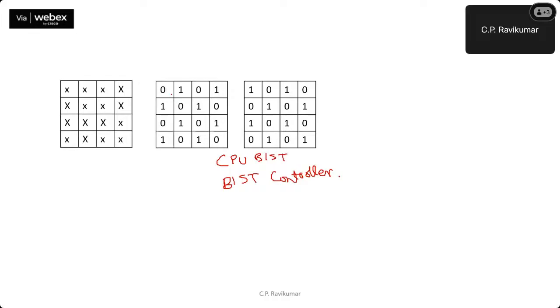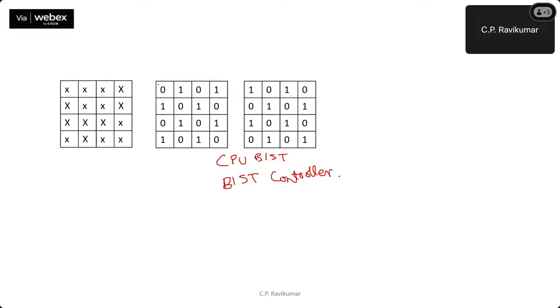It may need counters: a row counter which goes from 0 to 3, and a column counter which goes from 0 to 3. And it will generate the addresses systematically: 00, 01, 02, 03, 10, 11, 12, 13, etc.